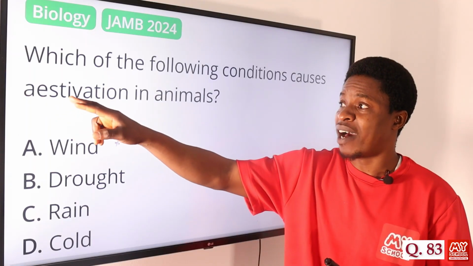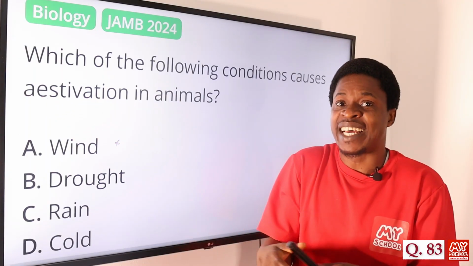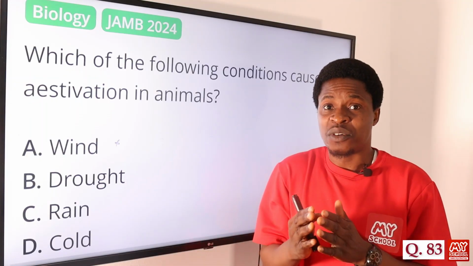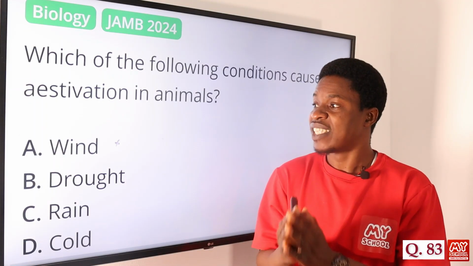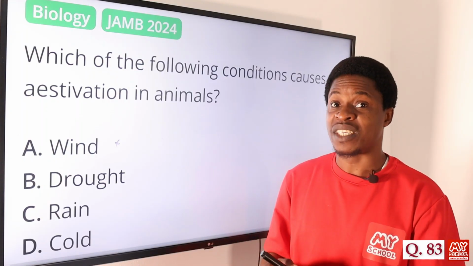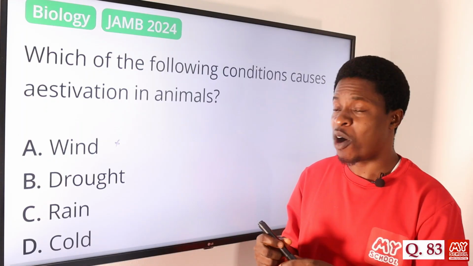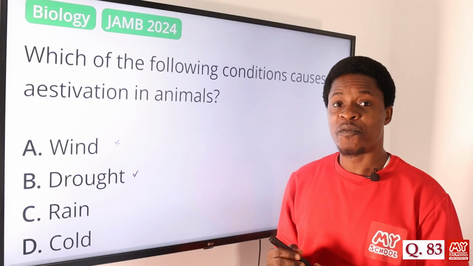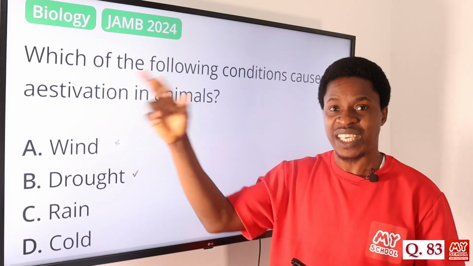The animal begins to feel tired, and there is limited supply of water or food, so it tends to conserve the energy that it has. The animal becomes dried up and dehydrated. So drought is the primary factor that can trigger estivation in animals.